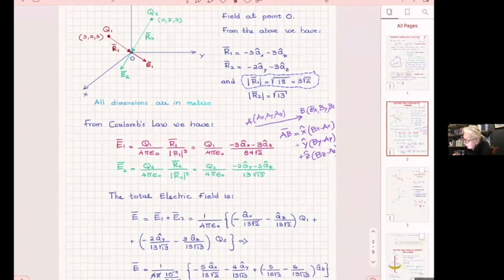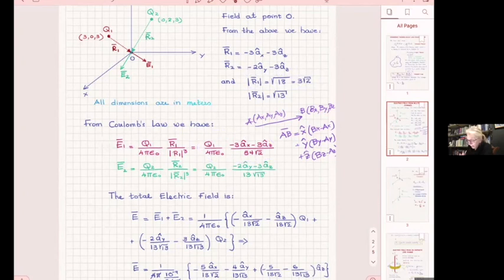So that gives me 18, because here 3 squared is 9, plus 3 squared is 9, 9 plus 9 gives me 18. And then here, 2 squared is 4, 3 squared is 9, 13. So I found those two. And then since I have this one and this one, I replace it here, and that's what I find.